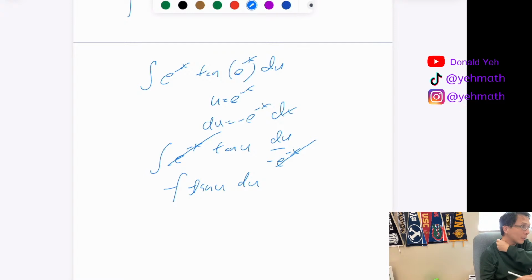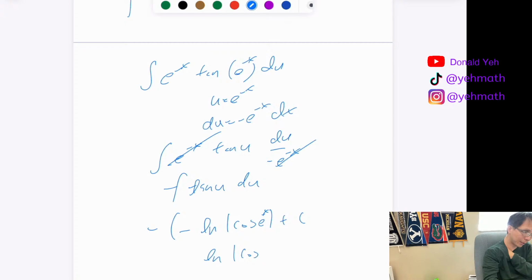Is it on the test? It's going to be negative, natural log of cosine of e to the x, and this will change it to positive. So it'll be ln of cosine of e to the x plus c. You have to know the integral of tangent.